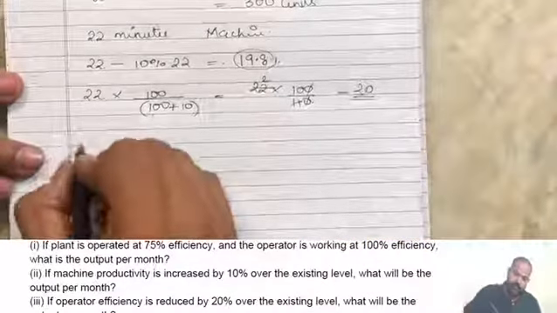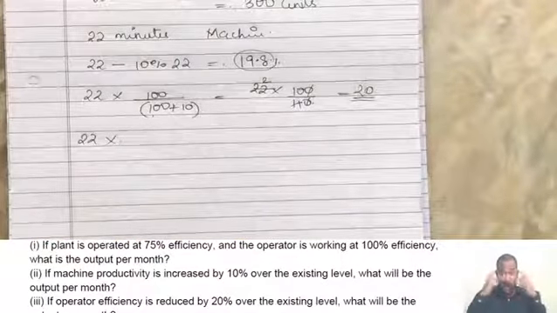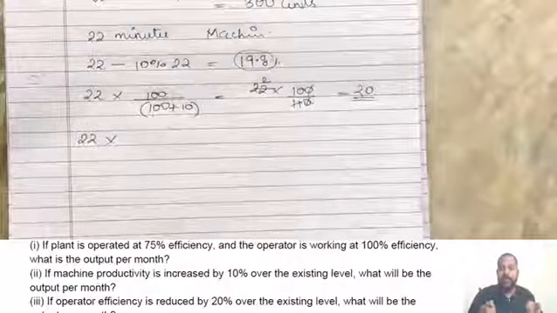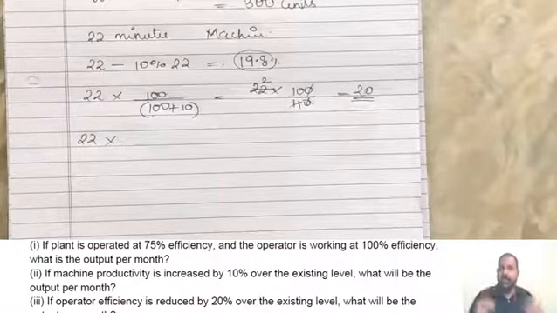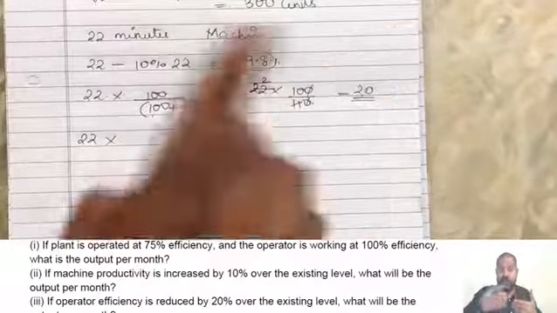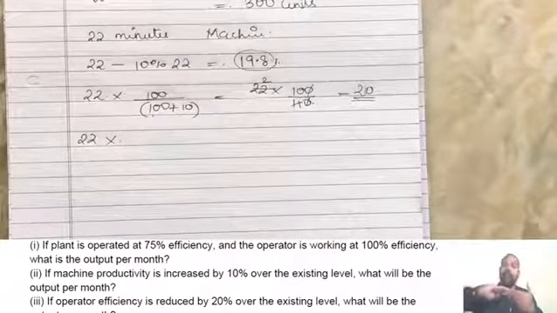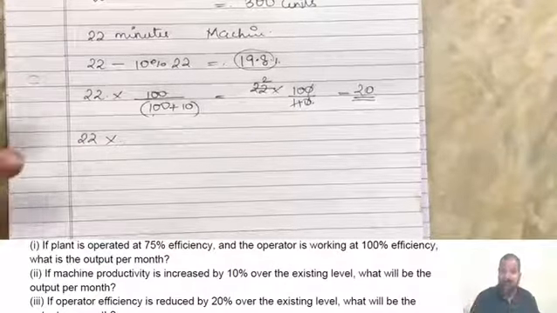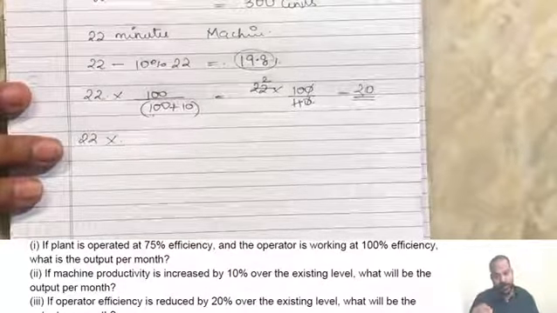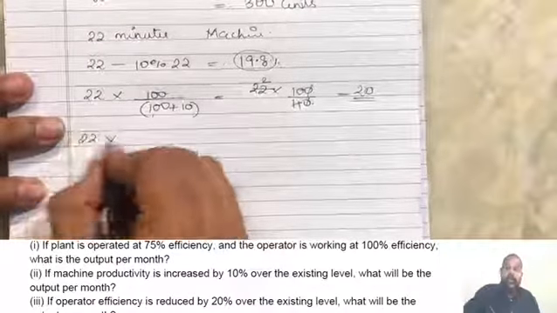I'll repeat this. Again, this has to be in your head. You cannot memorize this. This is basic common sense that you need to understand. If you've increased the efficiency of the machine, then the machine time will have reduced. If the machine time has to reduce, I have to reduce the 22.